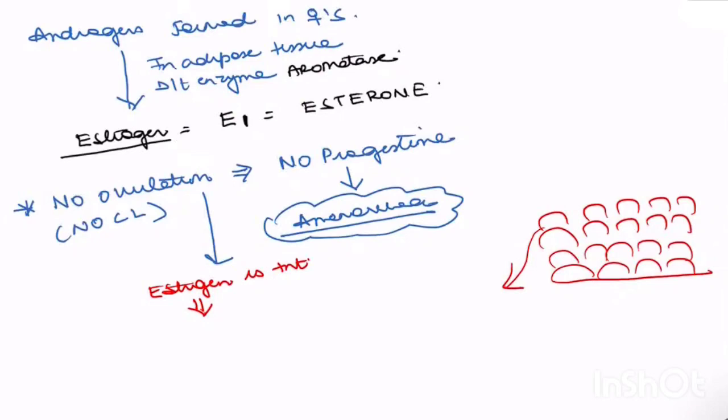So what will happen? This estrogen which is present in the body, it will proliferate the endometrium. This endometrium is not supported by progesterone.